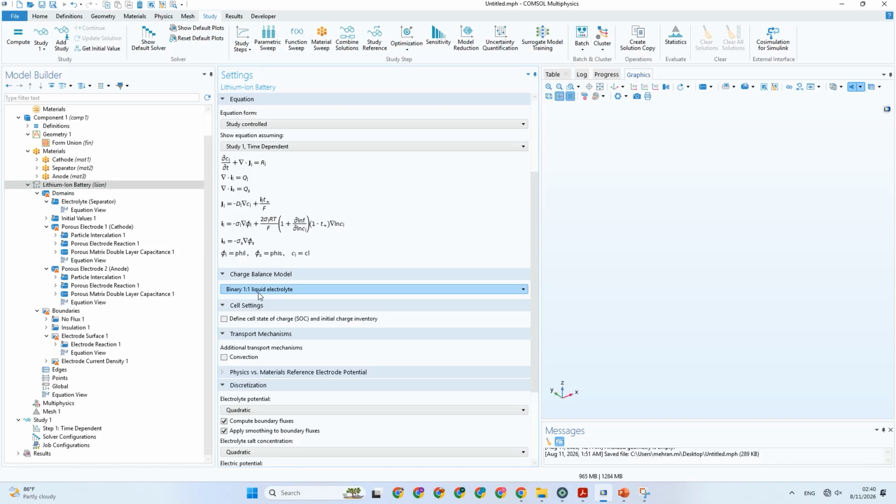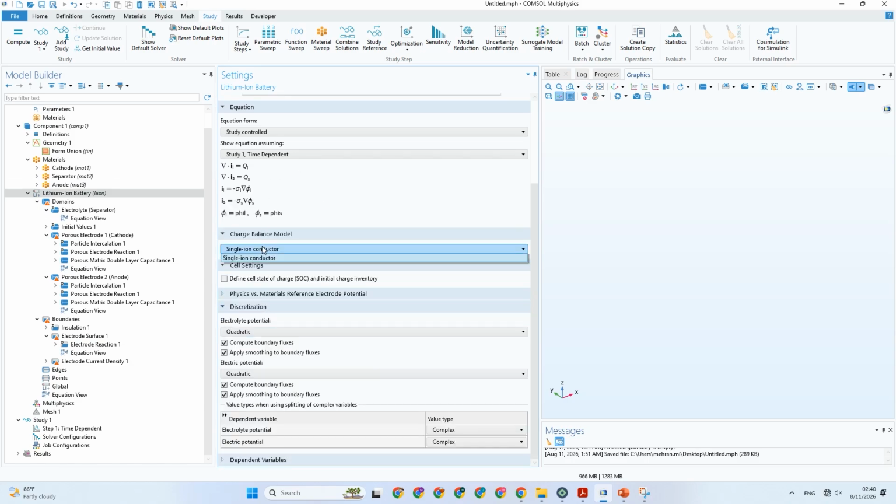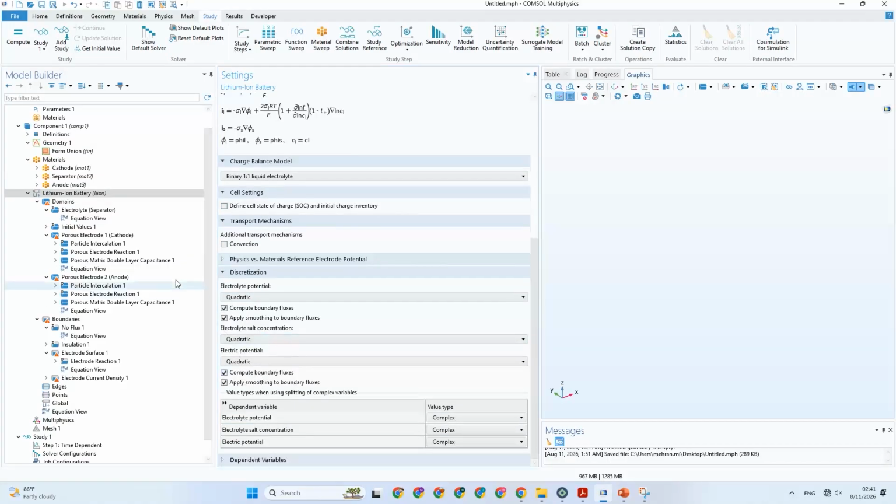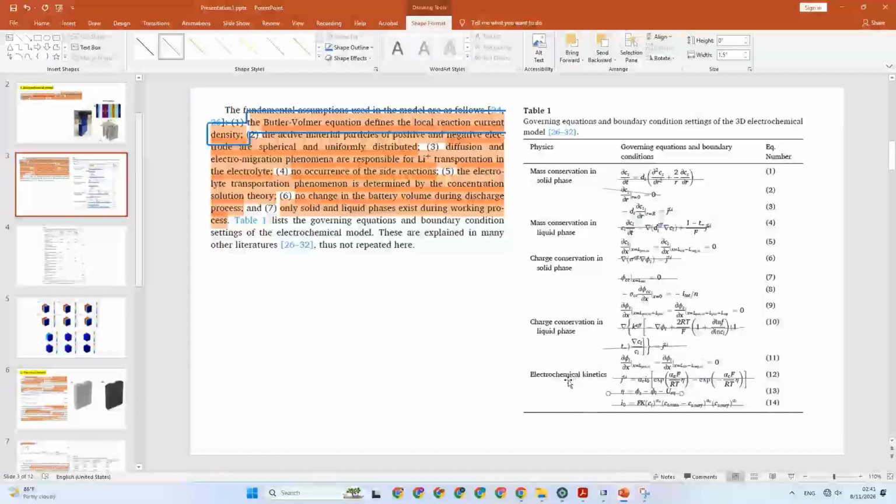Let me check also this assumption. If I choose an ion conductor, the equation is not the same, and I choose liquid electrolyte. We can choose a cell state of charge, but it is not mentioned in the paper, so I just untick this box. Okay, we can continue.